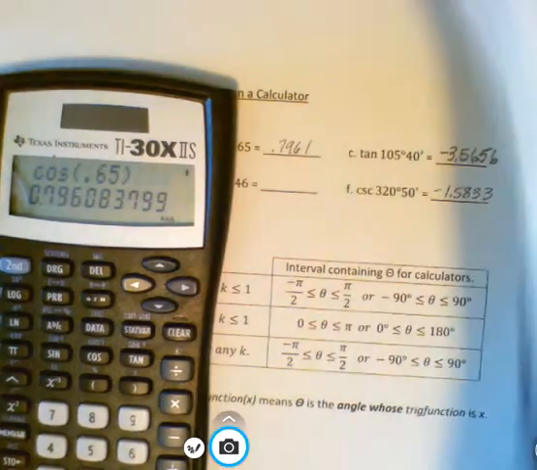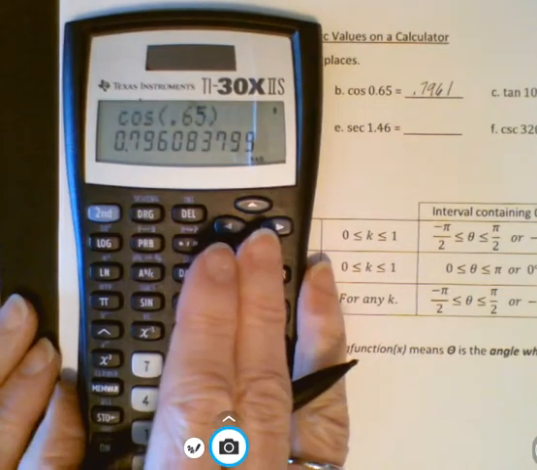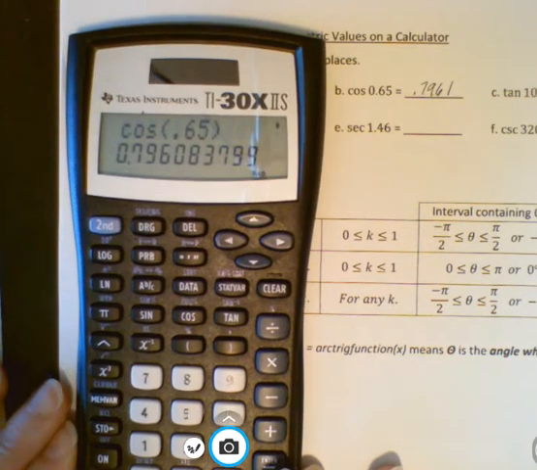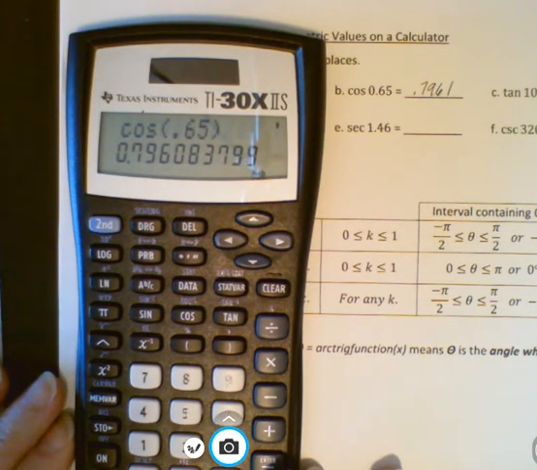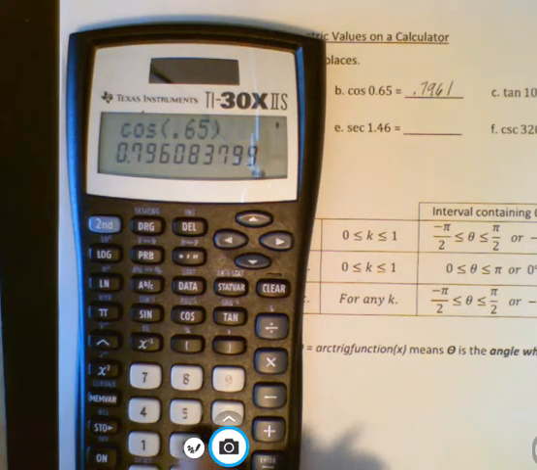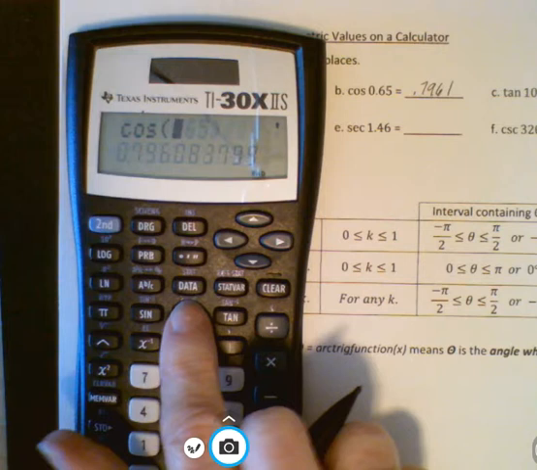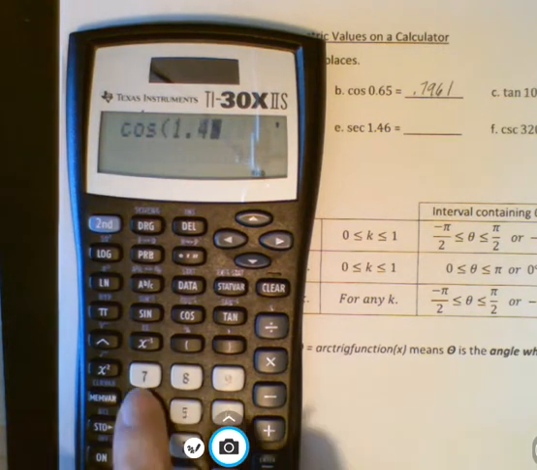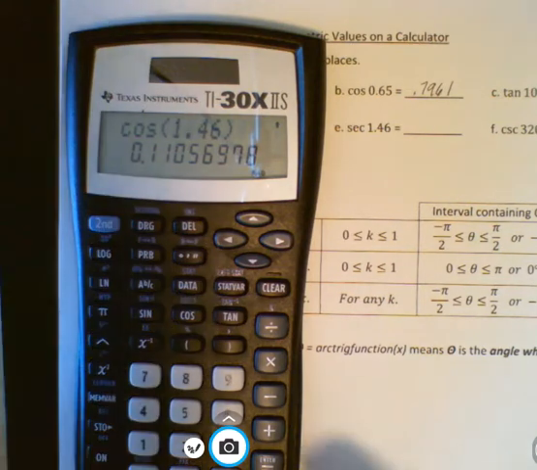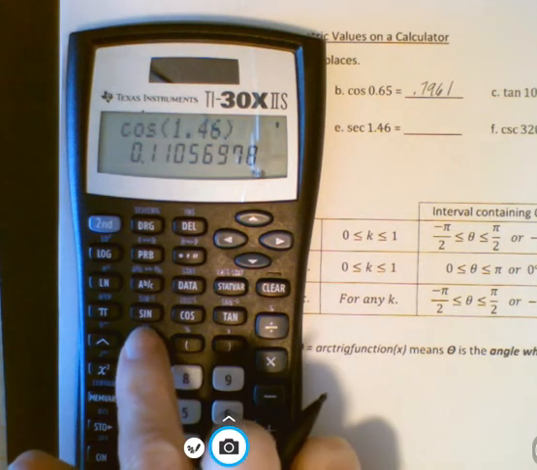And next, we need the secant of 1.46. And the secant is the inverse of the cosine, right? So let's get the cosine of 1.46. And don't forget, we want the inverse of that.